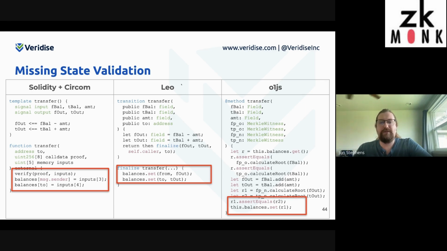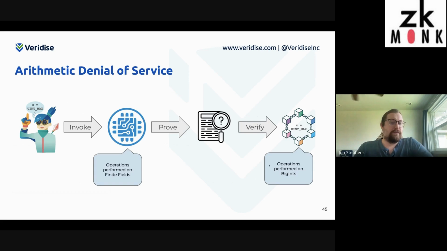You can see that in the calculate root function, it's just trusting the from balance and to balance that are being passed in, and it's not validating that those balances are equal to the expected state.